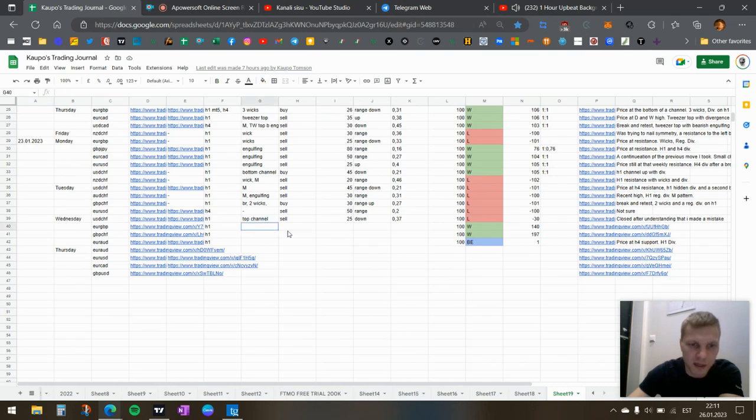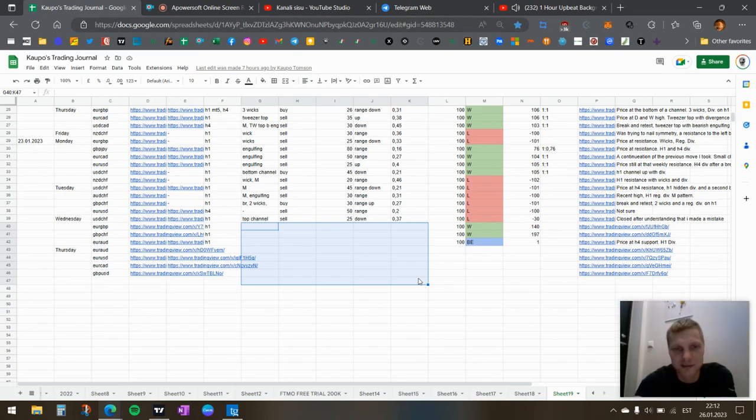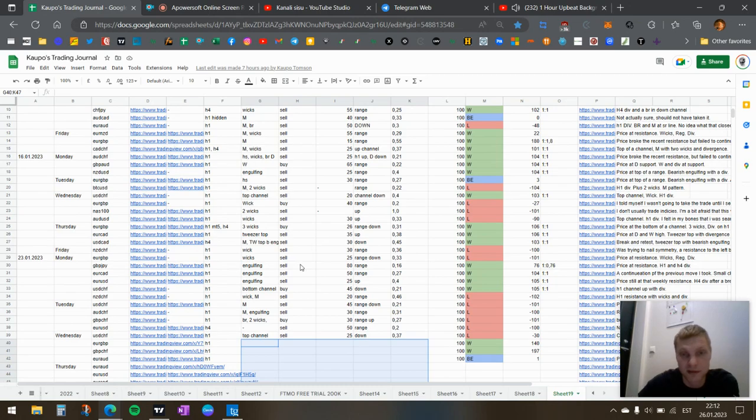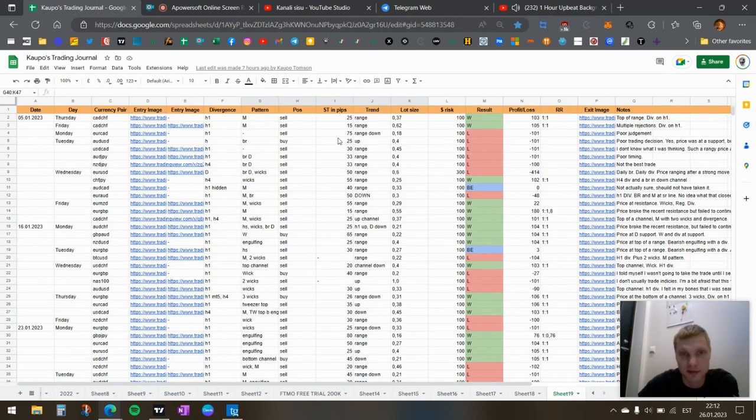I've stopped marking this information because it doesn't really affect my trading. It doesn't matter how many pips I put my stop or what trend I'm in or what lot size I use.